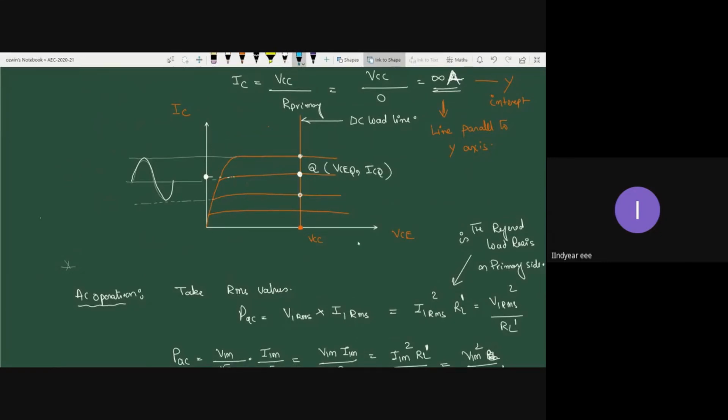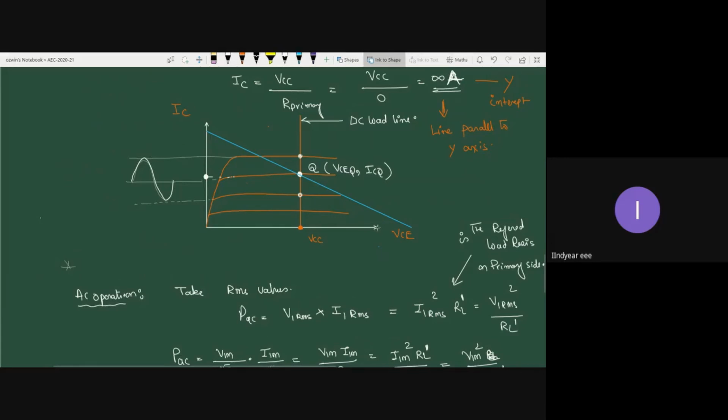You have to draw a load line such that the line passes through the Q point. Something like this, somewhere here.